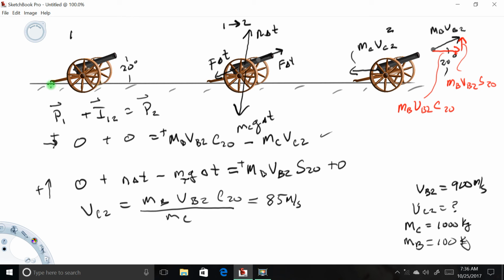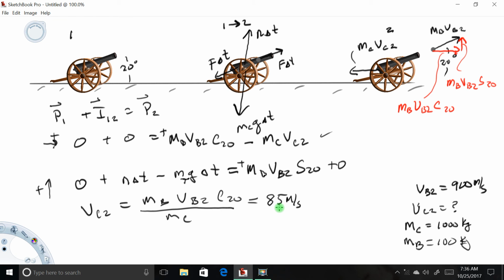Typically, even if this were just resting on the ground without a wheel, you could get a significant impulse to the right via friction. But if this were on an extremely hard, very smooth surface where there'd be no friction interaction created during the firing process, the recoil speed of that cannon would be around 85 meters per second. The numerical value here is not what's important.